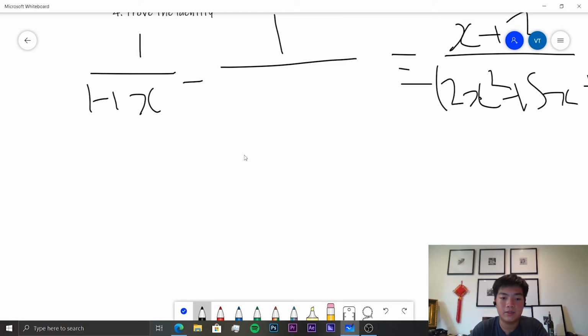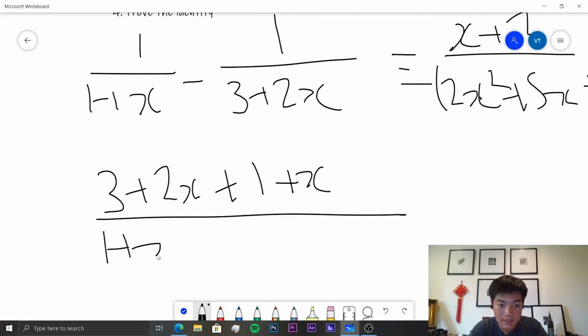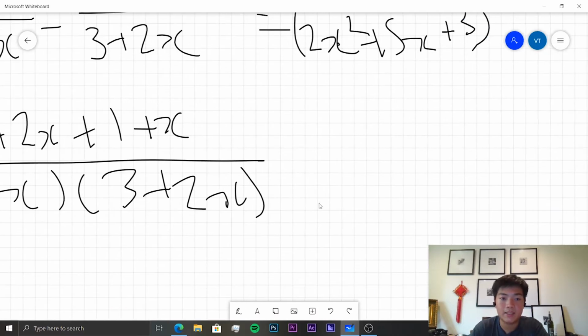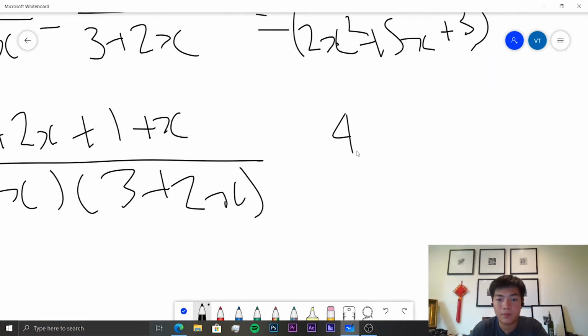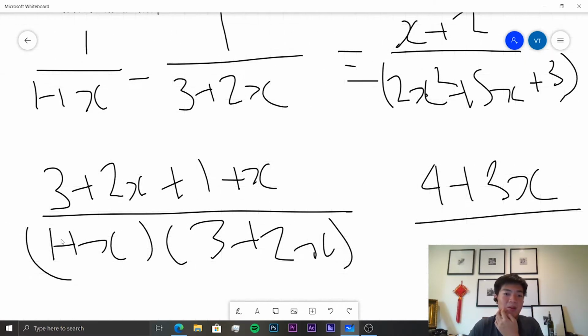Then we can simply make them the same denominator, which is 3 plus 2x plus 1 plus x over 1 plus x times 3 plus 2x. And then this is, of course, equal to 4 plus 3x over, and then we can simply expand this.